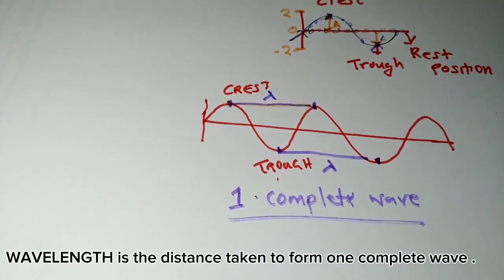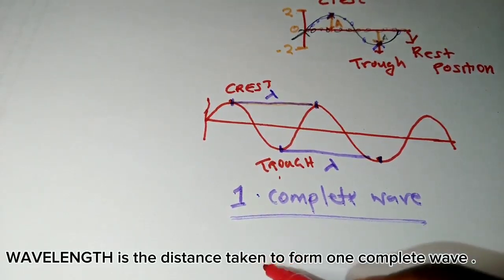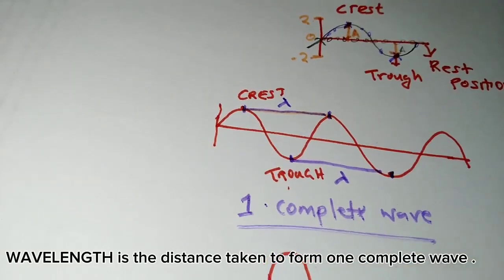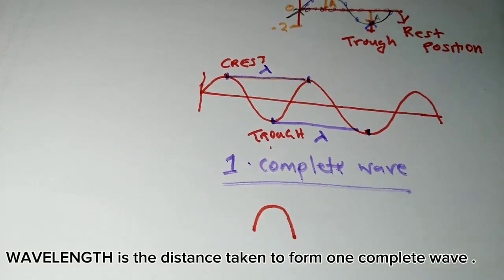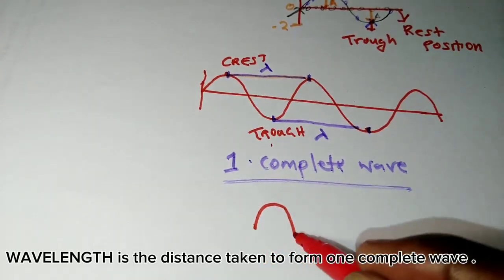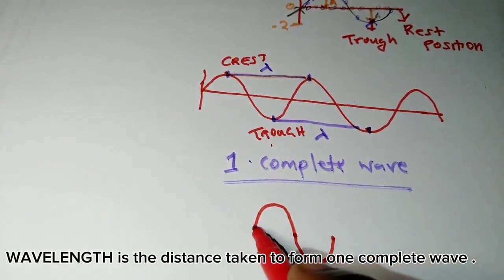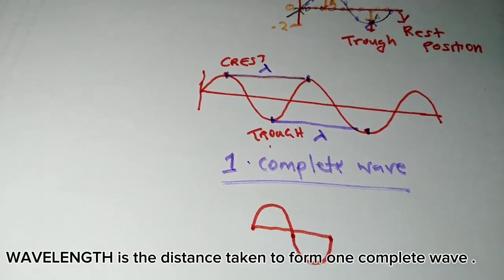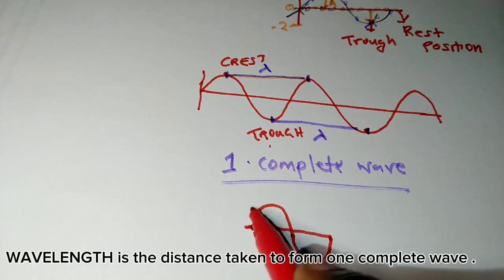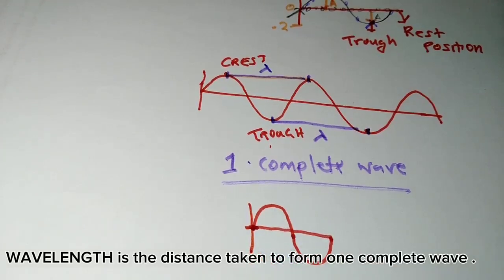One complete wave is simply one crest and one trough. One crest and one trough make a complete wave. So this is one complete wave.